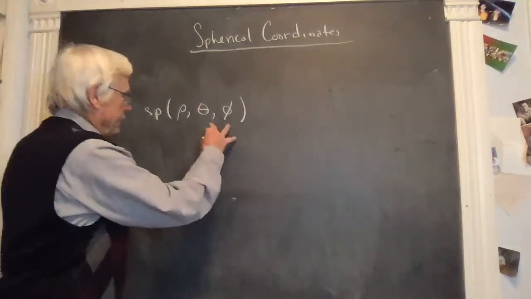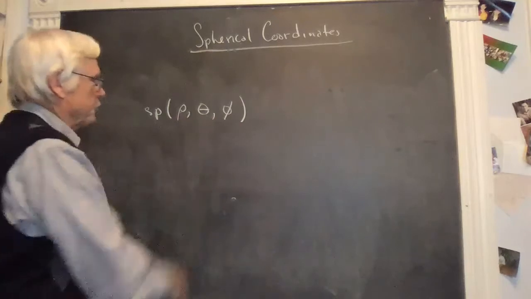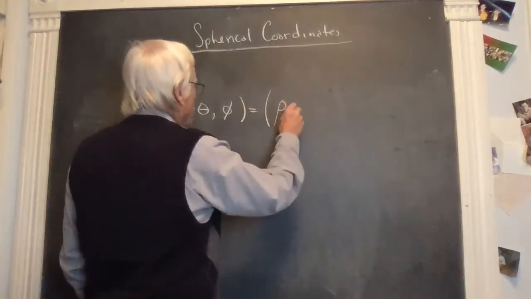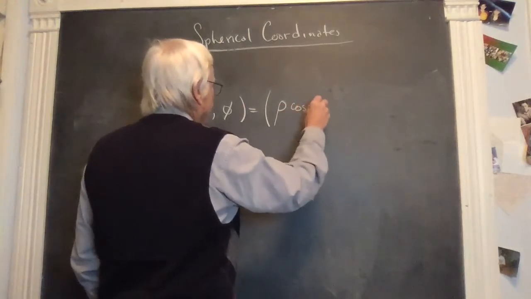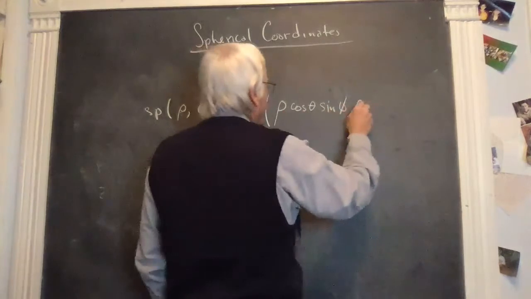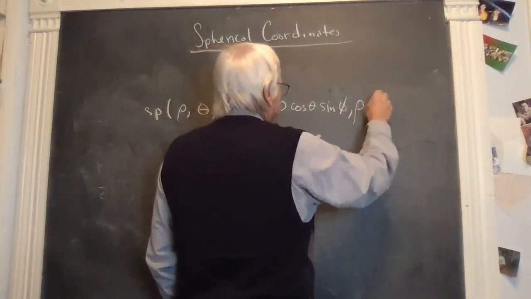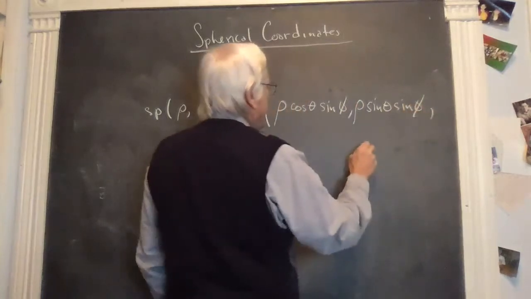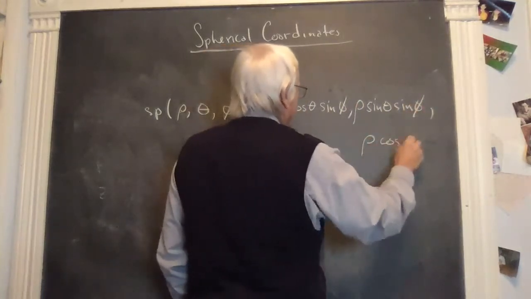These two are geometrically angles. This is a distance. And this is equal to rho cosine theta sine phi, rho sine theta sine phi, and rho cosine phi.